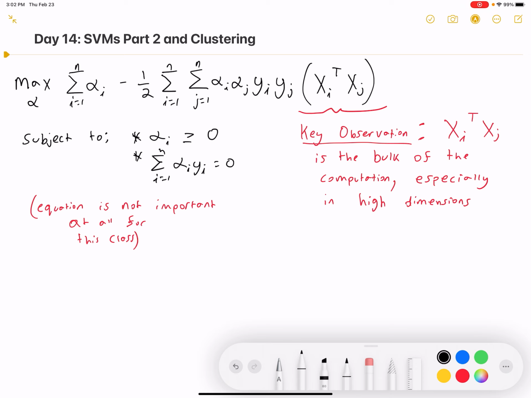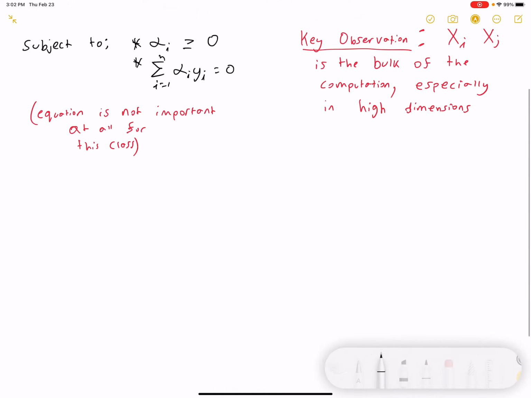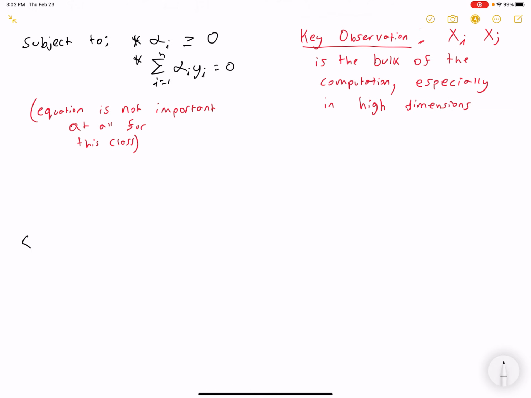And so if we're scaling our data into a high dimensional space, which recall last class we said that if we have data that's non-linearly separable in a low dimension, we can increase it into a higher dimension.